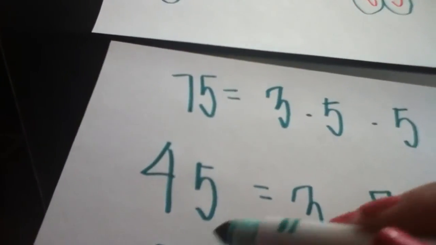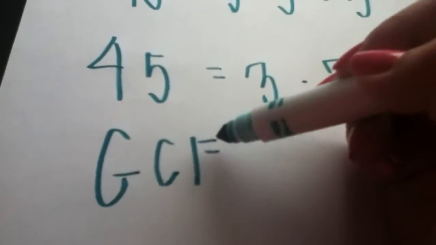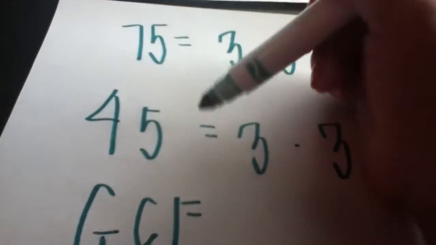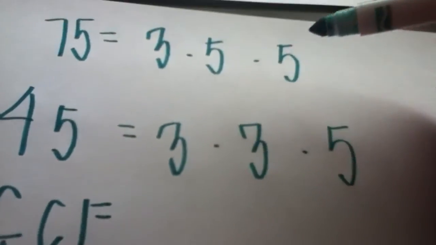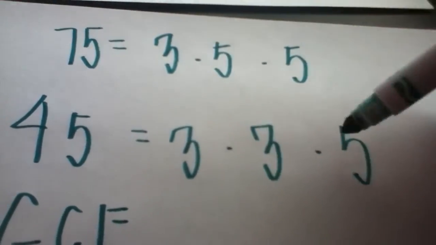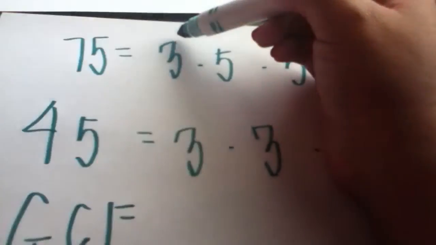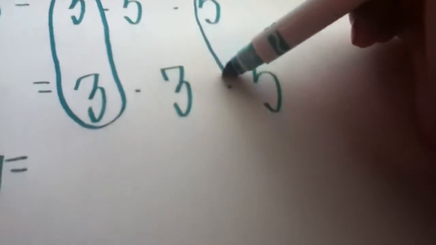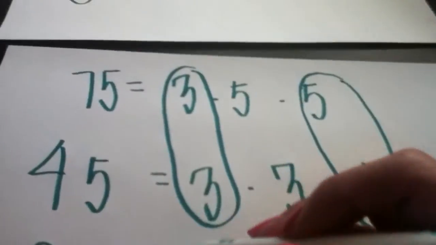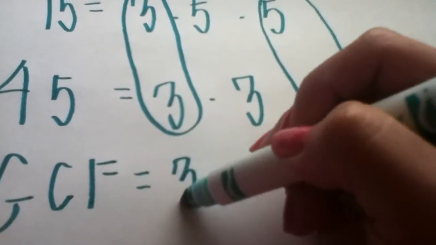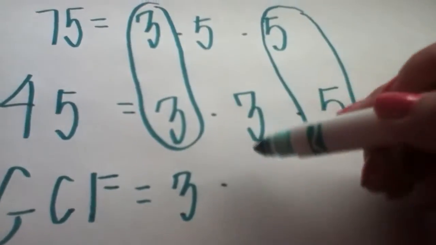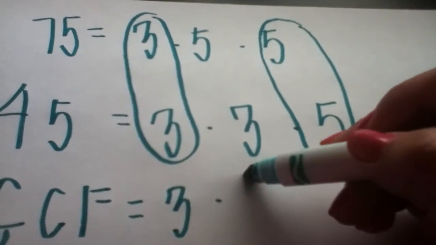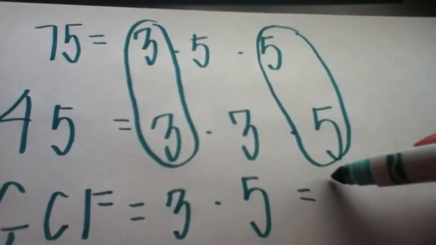So remember, for us to get our GCF, we have to find out what the 75 and 45 have in common when we do the prime factorization. So we can see that they both have a 3 in common and they both have a 5 in common. So we would write that down only once. So one 3, because they both have it in common, and one 5 because they both have it in common. And that would equal 15.